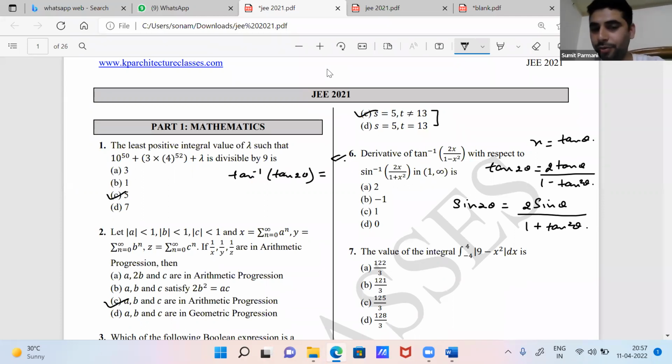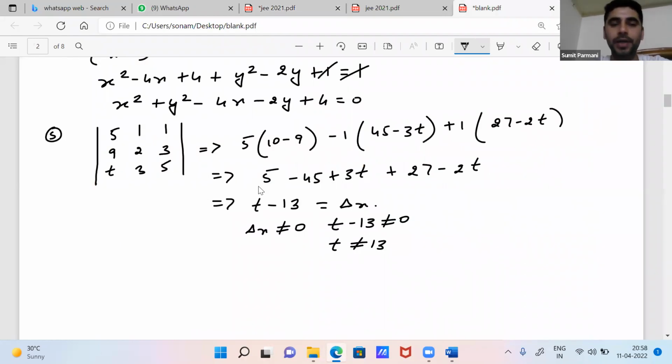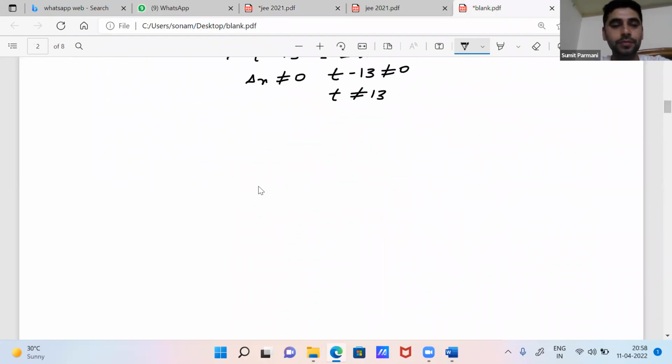I'm not writing 2 theta directly. And here sine inverse sine 2 theta is equal to something. Now that something depends on the interval 1 to infinity.